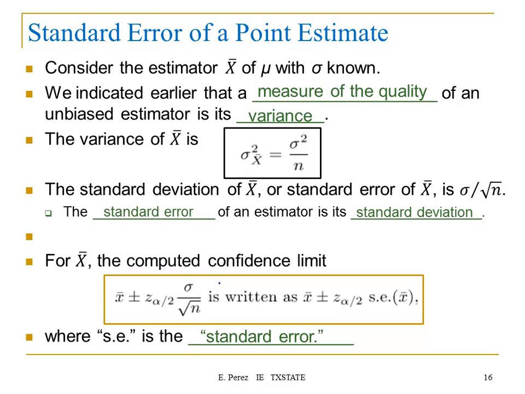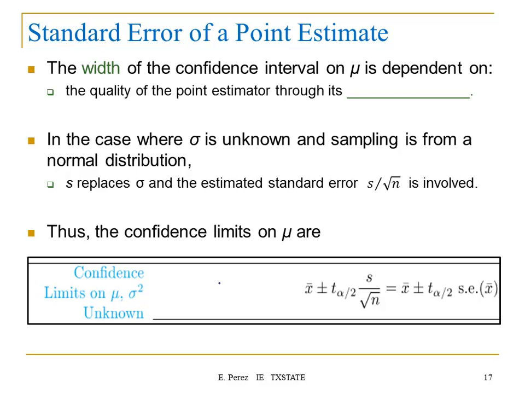Okay, so that's what we call the standard error, the standard deviation of the estimate. So the width of the confidence interval on mu, which is the population mean, is dependent on the quality of the point estimator through its standard error.